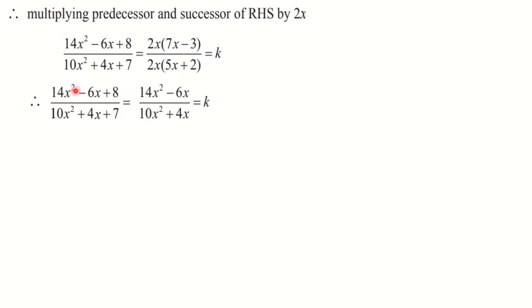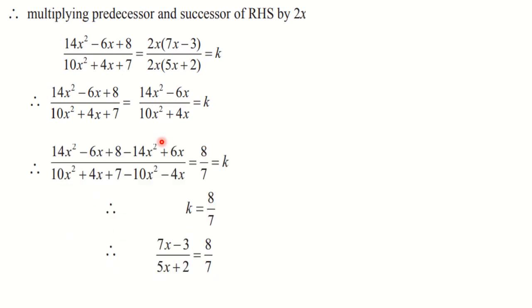But here, since the signs are the same, we are going to write a minus sign in between. We are going to subtract. So first numerator as it is, and we are doing minus here, so these two signs will change. Plus will become minus and minus will become plus. Similarly, in the denominator, first as it is, minus 10x square minus 4x.